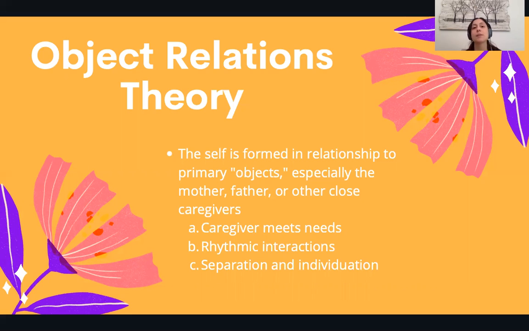Then there is a process of separation and individuation, which continues into adolescence and adult life. And here tension arises between wanting to explore the environment outside and beyond of the caregiver, while simultaneously wanting to be reassured of the caregiver's continued presence. And when this is done well, the child is able to become more individuated.